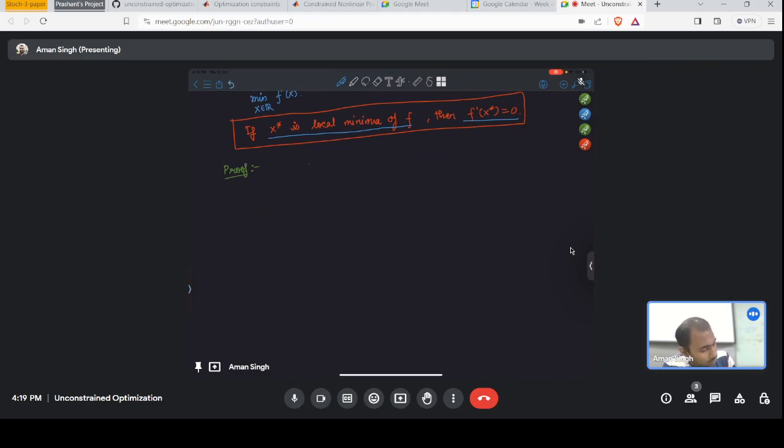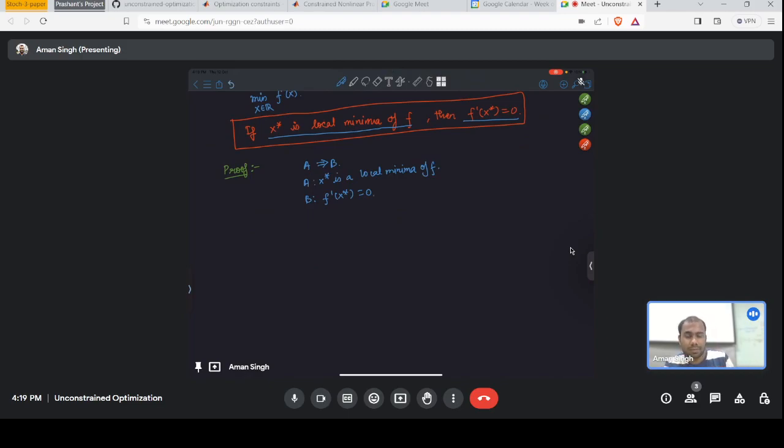So the statement is of the form A implies B. A is that x star is a local minima of f, and B is that f dash x star is equal to 0.